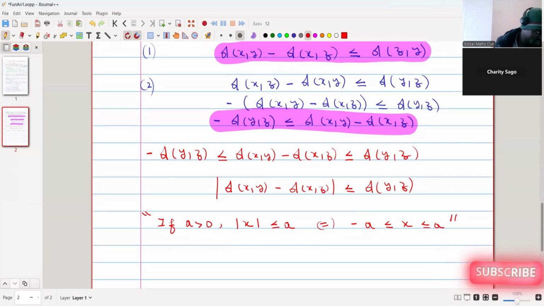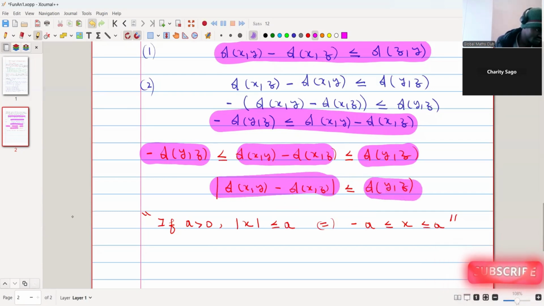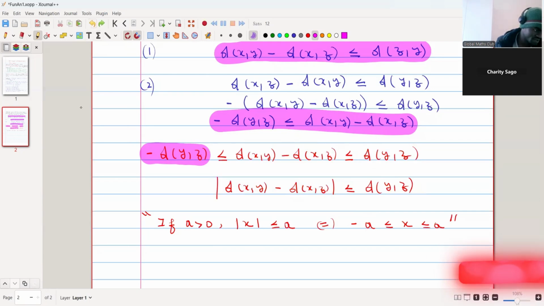And that is what we had exactly here. This is our minus a, this is a, and this is x. So it means that the absolute value of x is less than a, as we can see. If you have any question, you are free to ask.